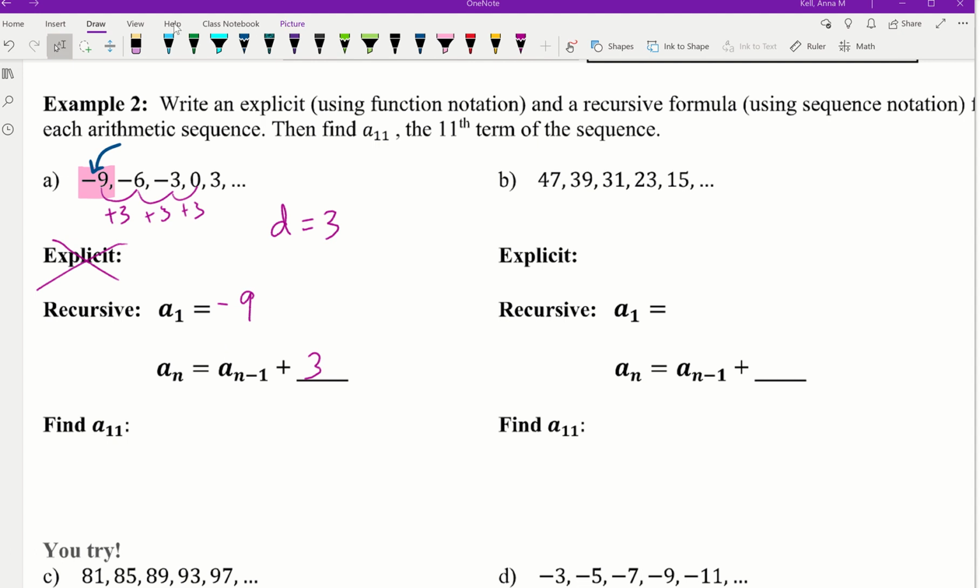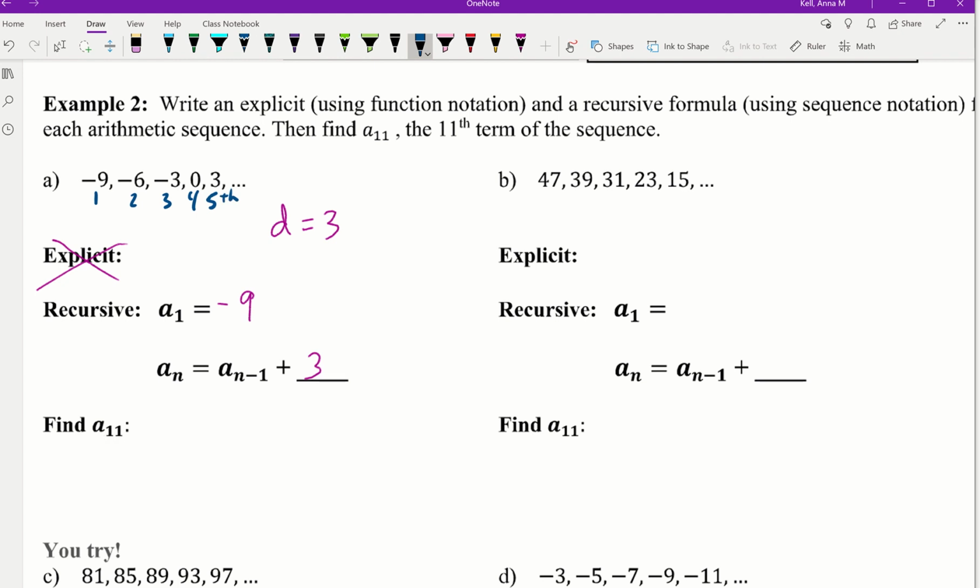Okay, so now to use the recursive formula to find the 11th entry is honestly a little bit of a pain. Using an explicit formula for this is much, much easier. But here's what we're going to do. I'm going to come back here and look at this sequence. So this is my first, my second, my third, my fourth, my fifth entry.